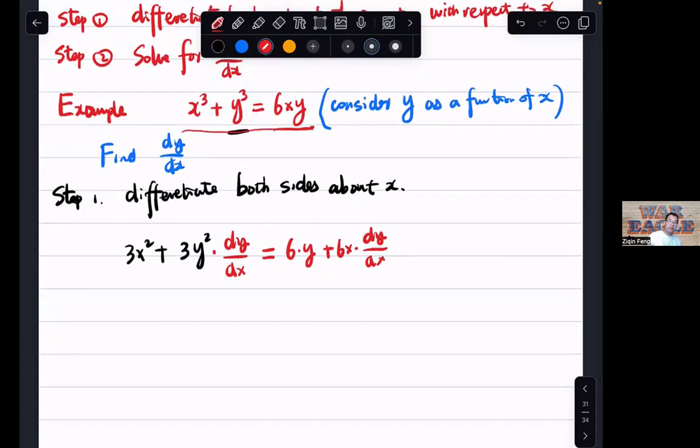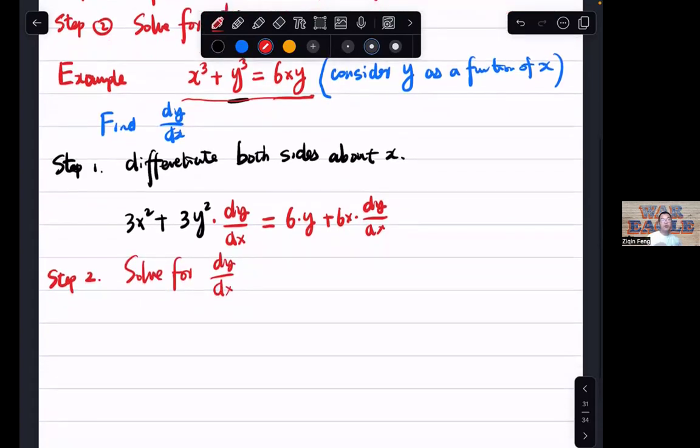Then we follow our steps. Step 2 here is solve for the unknown, dy over dx. How do we solve for that? Move all the terms containing dy over dx to one side, and all the other terms that don't contain dy over dx to the other side. You get 3y squared dy over dx minus 6x dy over dx equal to 6y minus 3x squared.